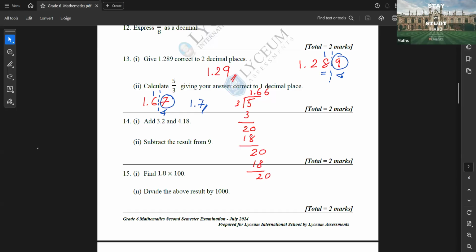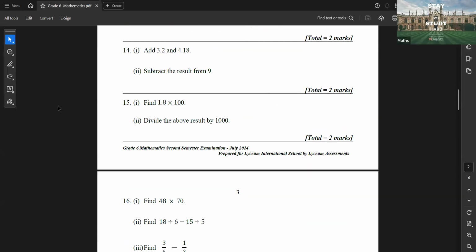Question number 40. Here, 3.2 plus 4.1. Here 2 plus 1 is 3, here the decimal point, 4 plus 3 is 7.